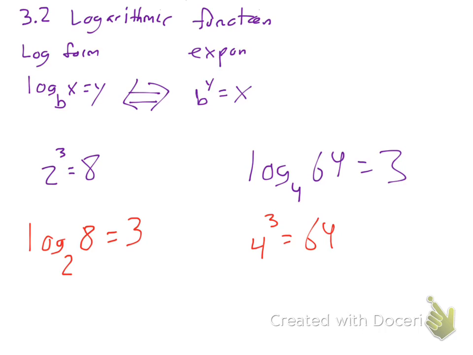So now, there are some other ones here that I want you to evaluate. And this time, I'm not going to give you what they're equal to. I want to give you a log, and I want you to just evaluate. I can't solve, because there's no real equal sign, but I can simplify.